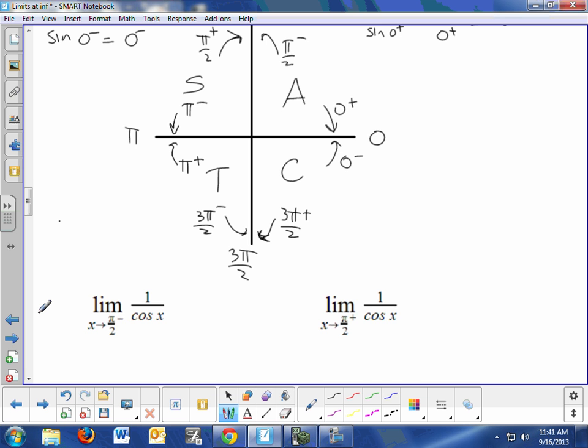See what your cosine values are going to be. What are they approaching? Okay. Anybody confident with their answer? They would like to explain to everybody what they did.